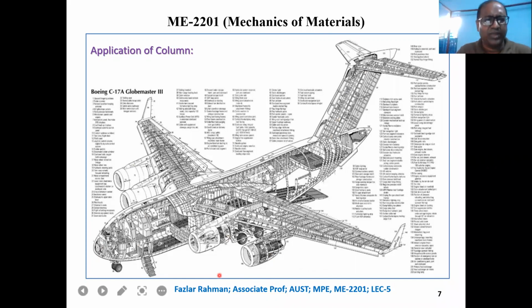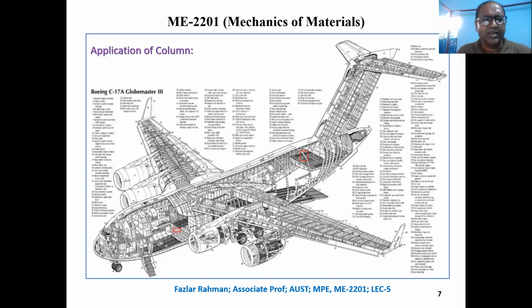So in the figure, you see some structure right over here, going left to right. This is a kind of beam. Then you see this is a round shape frame.